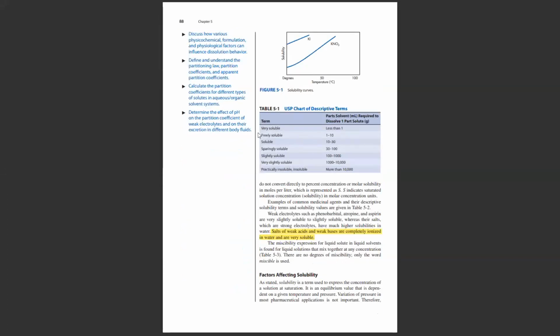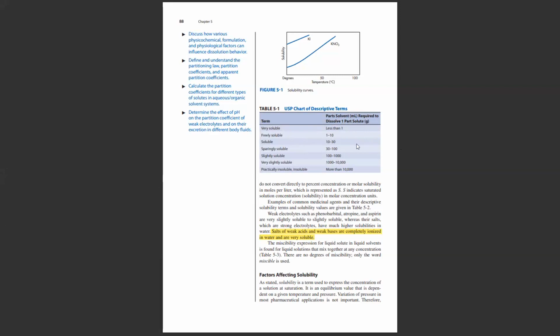This is a chart showing an example of what we're talking about. That's the solubility expression. So you can see for a substance that's less than 1, described as very soluble. A substance between 1 and 10 is freely soluble, 10 to 30 is soluble, and that's per 1 part of solid, which is in grams.